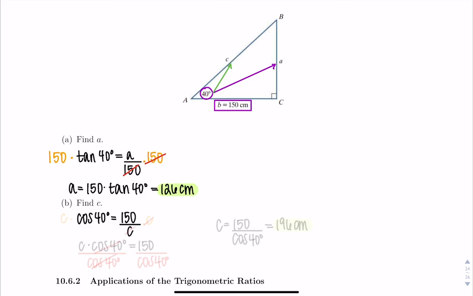We are going to multiply by C on both sides so we can get rid of the denominator. So we have C times the cosine of 40 degrees equals 150. And we want to solve for C. So we are going to divide by cosine of 40 on both sides.